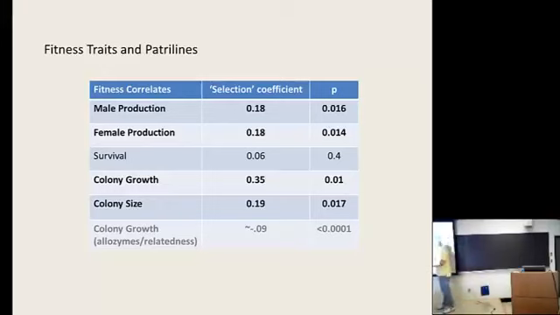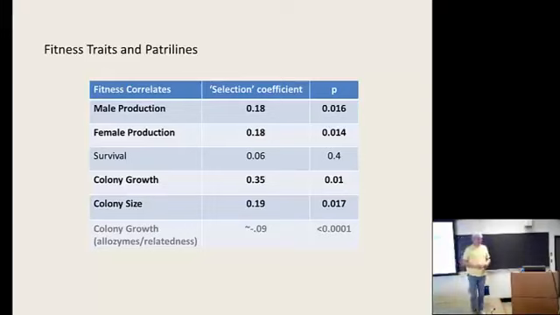Also, for those colonies whose reproduction we investigate in detail, we know their colony growth rates and colony sizes, and those also have significant regression on number of patrilines. This isn't really a selection coefficient, but there's a relation to a fitness correlate here.